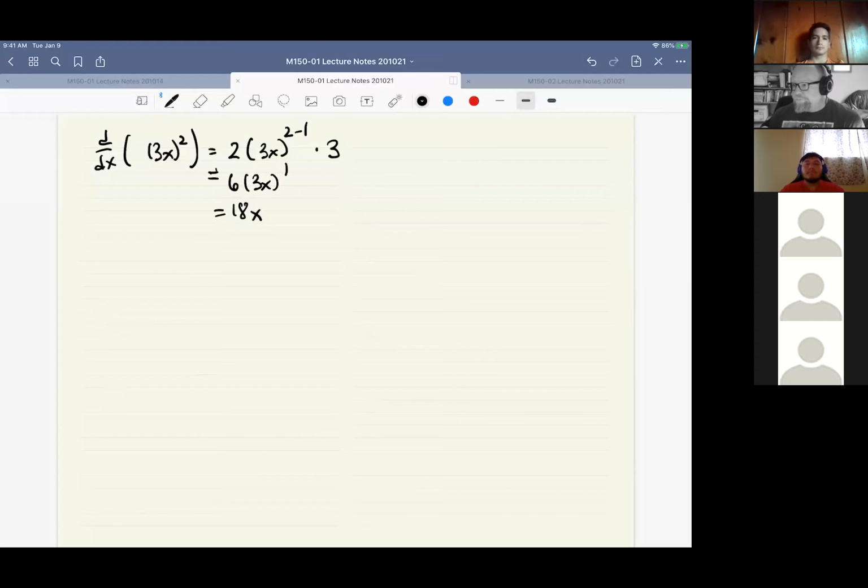Okay, should we do another one? Let's differentiate 4 minus 3x to the 5th power. Okay, try that.